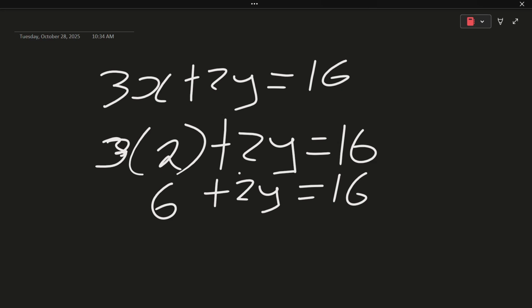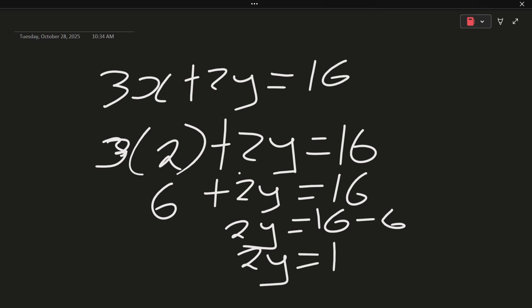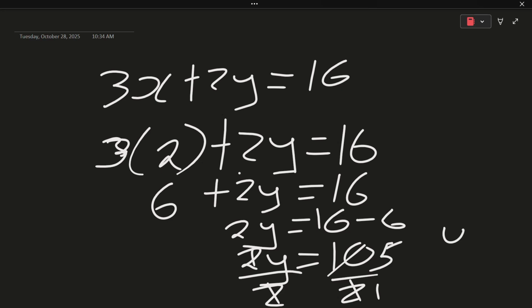Then we move the like terms, then 2y would now be equal to 16 minus 6. If we move 6 from this side, it becomes negative, which is 2y is equal to 10. Divided by 2, divided by 2. This one will become y equal to 10 divided by 2, that's 5. So it becomes y equals 5.